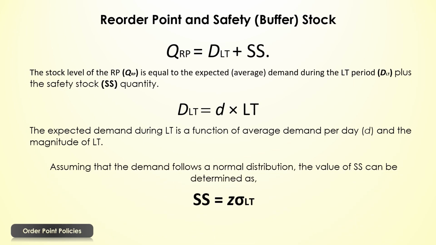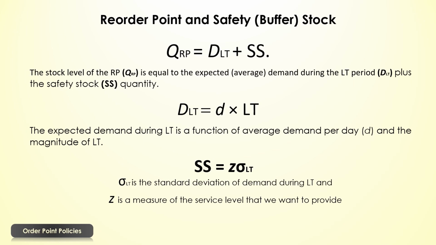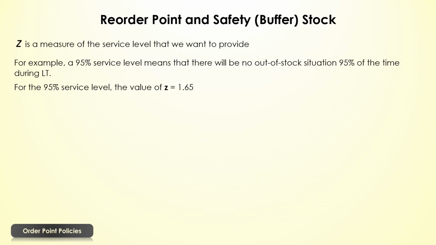Assuming that the demand follows a normal distribution, the value of safety stock can be determined as SS equals Z times sigma LT. Sigma LT is the standard deviation of demand during lead time, and Z is a measure of the service level that we want to provide.